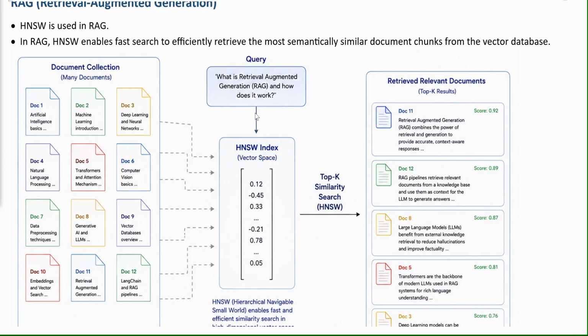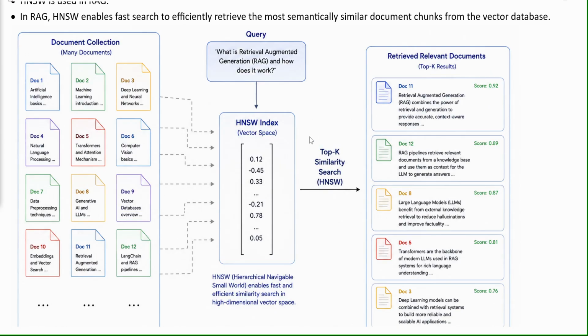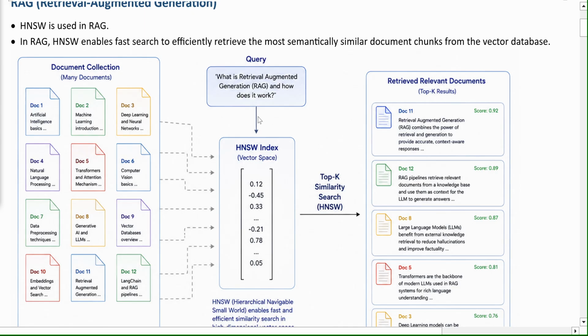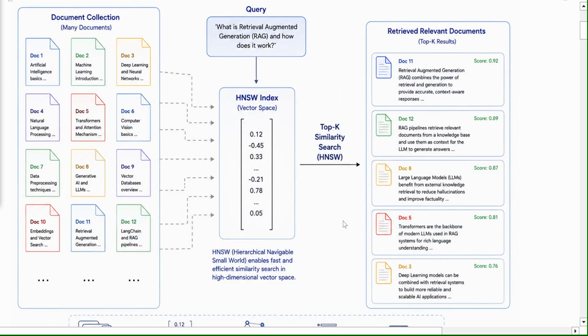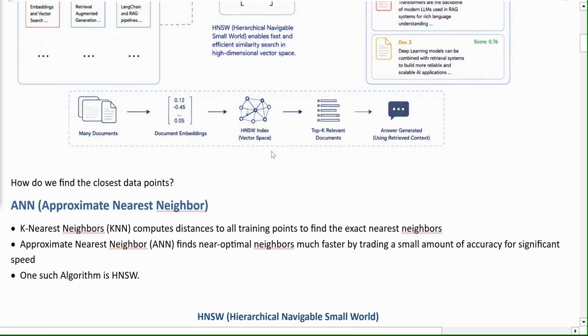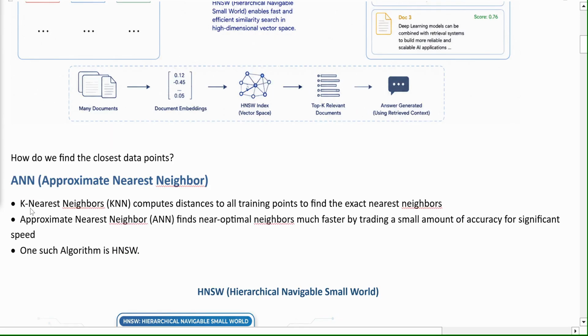Based on this query we have to fetch the similar documents, and for fetching the top similar documents we use an algorithm called HNSW. So that's where HNSW comes into the picture, and let's try to understand approximate nearest neighbor.